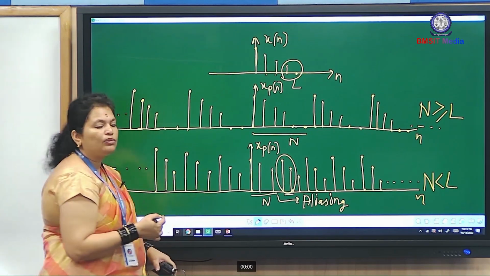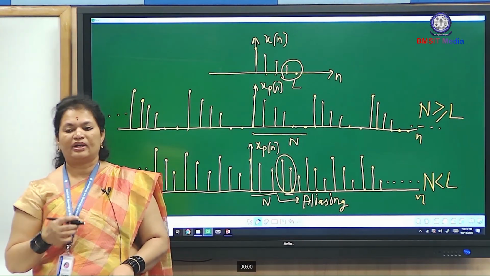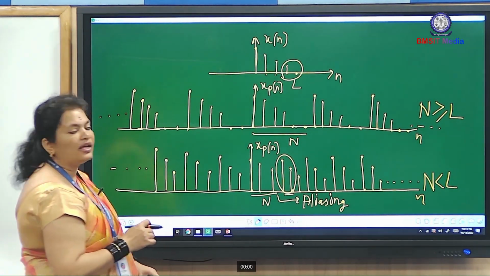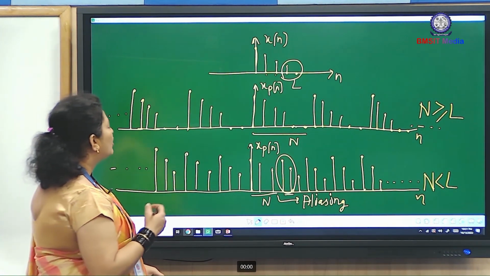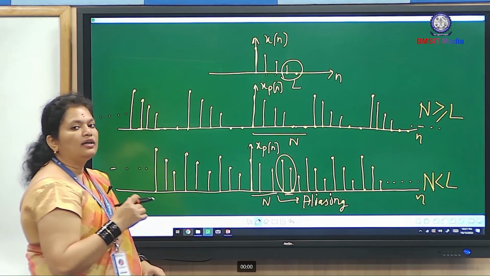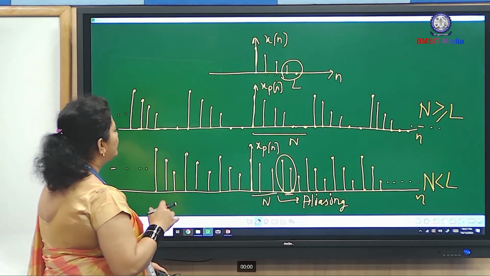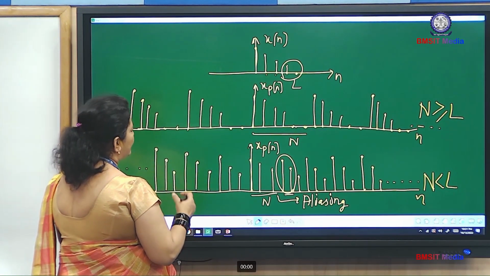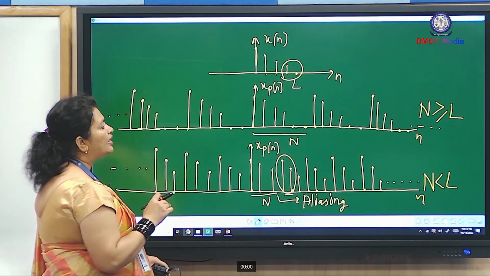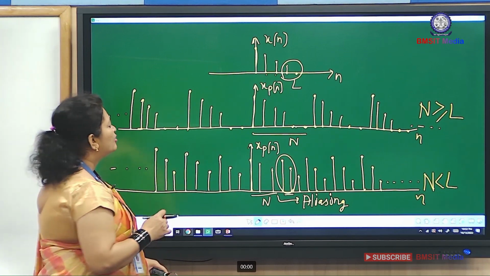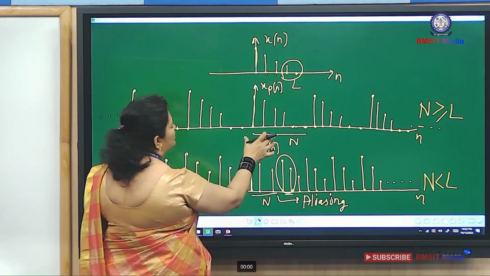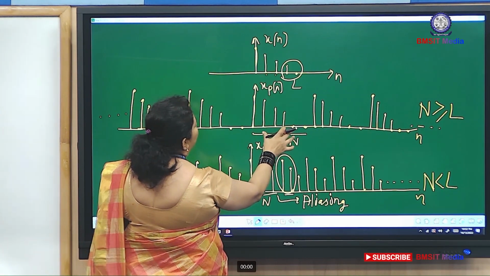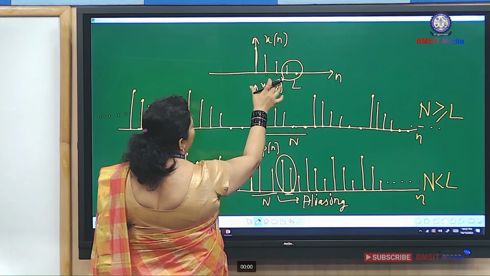So here I have shown two conditions of periodic repetition, when N is greater than or equal to L and when N is less than L. From this, what we can understand is, if I want to get x of n from these periodic repetitions, I can get it when N is greater than or equal to L, because N is sufficient. It can accommodate all the samples of x of n.